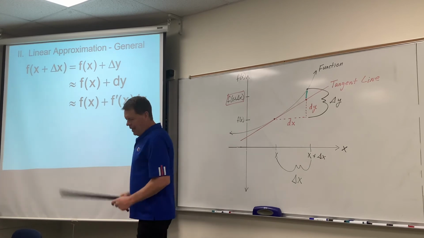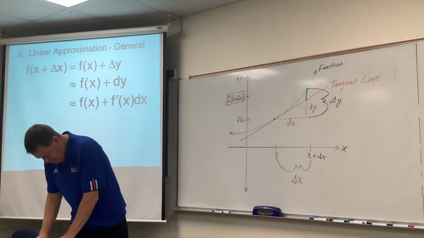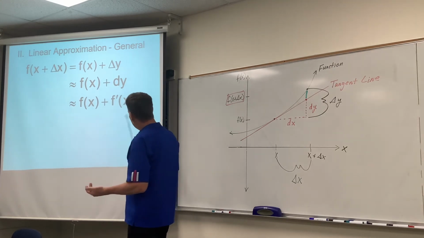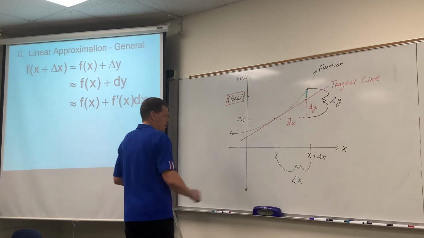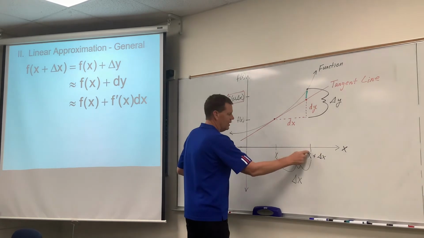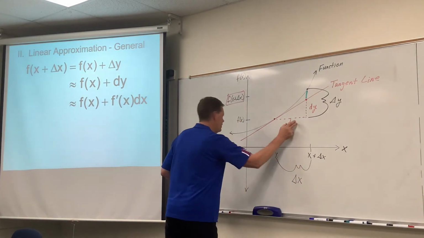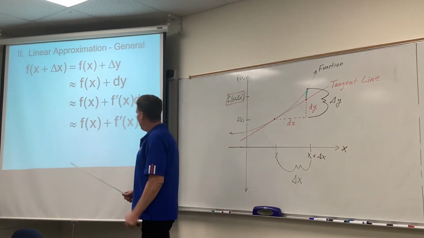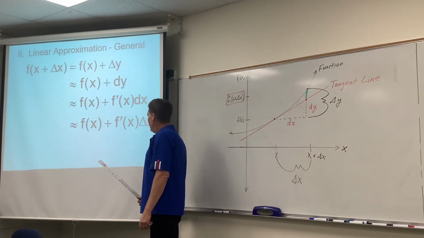All right, and then, remember we also said on that earlier slide that dx is equal to delta x. dx is equal to delta x. So if we replace the delta x for the dx in this thing, we get that. And there you go.